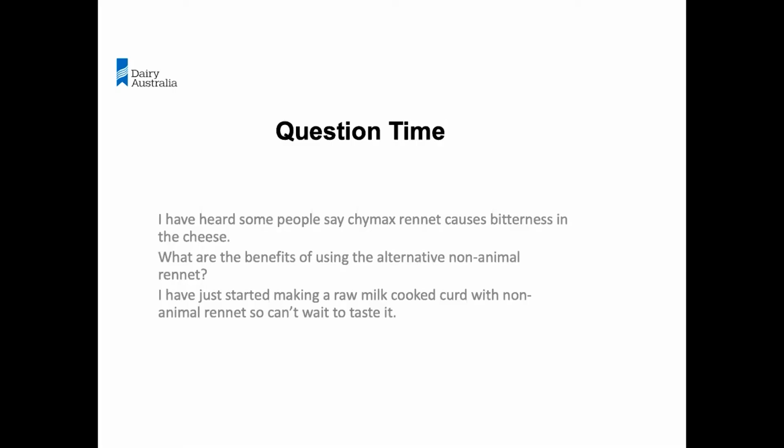There is no direct relationship between Chymax rennet and bitterness. Bitterness is the consequence of bitter peptide production. There can be some amino acids as well, but mainly bitter peptides accumulating in the cheese. Those bitter peptides can be produced by coagulants.